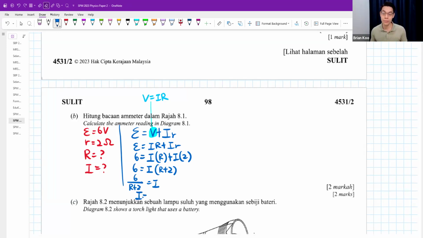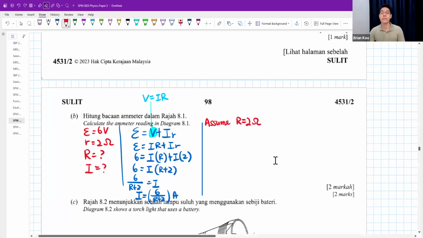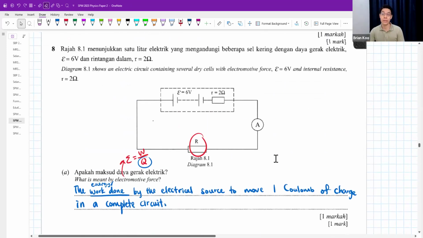The unit is in amperes. Okay. If you want to do this, you can also assume any R value. So for example, you can assume the R is equal to 1, R equals to 2. Any value also can. They will also accept.